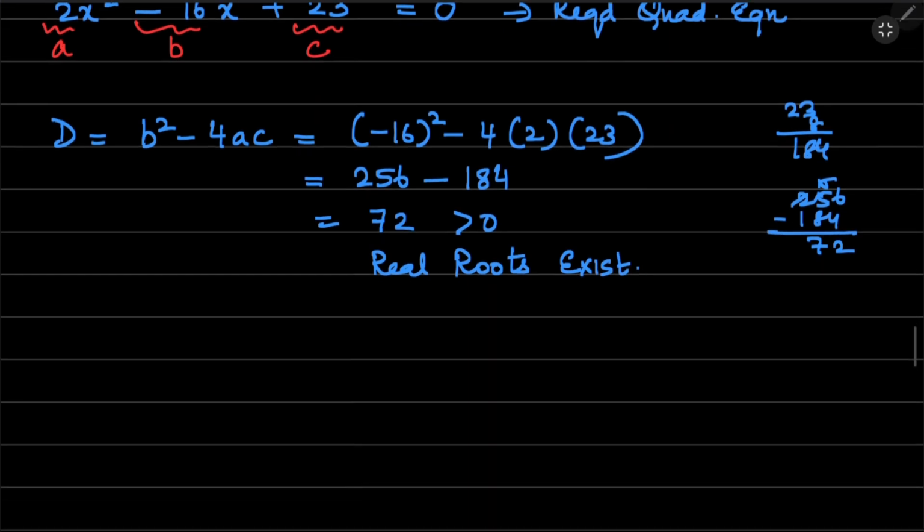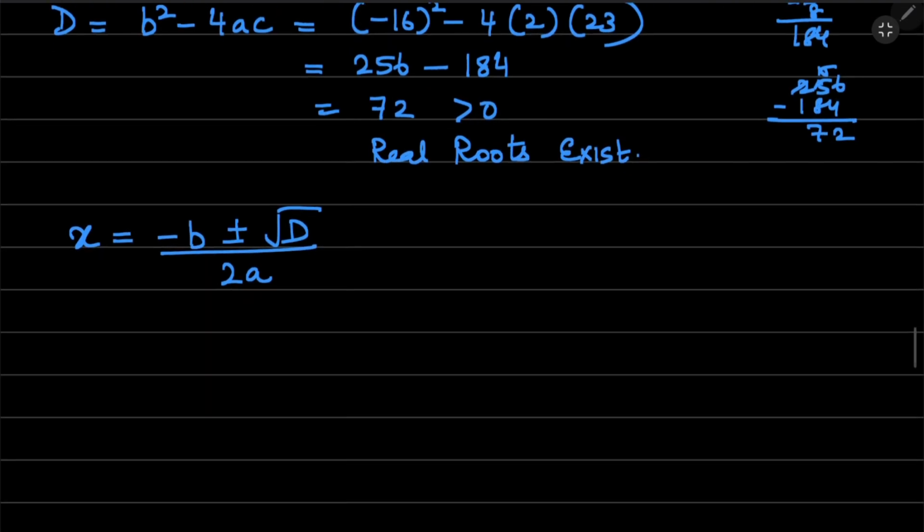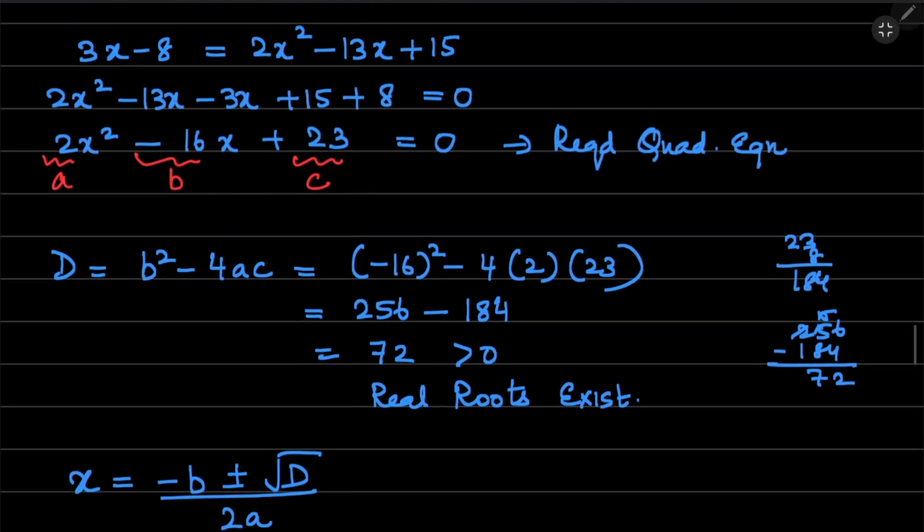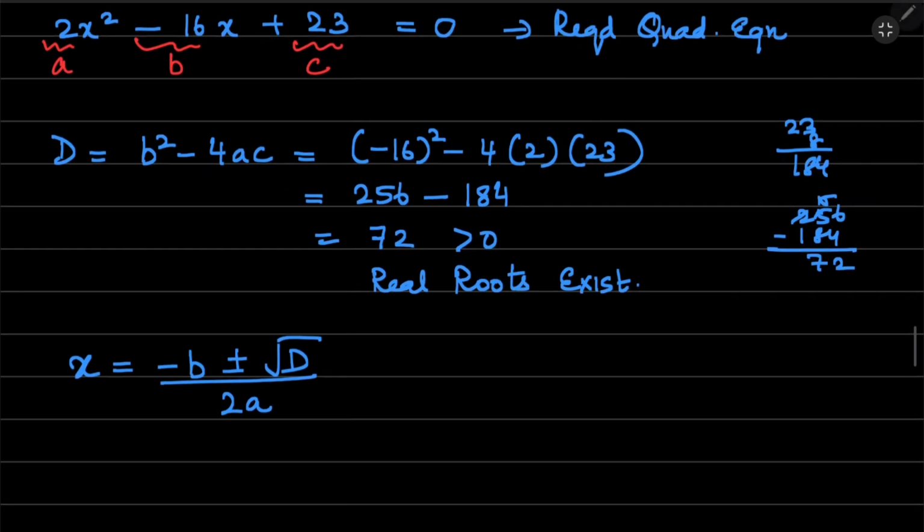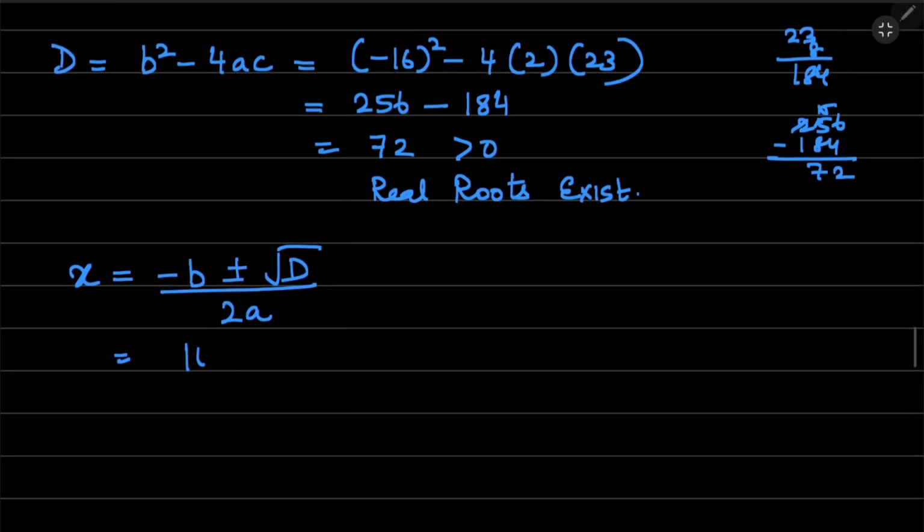If real roots exist, we can find out what are those roots. So x equal to minus b plus or minus root d by 2a. Okay, just substitute the values. What is minus b? So here minus of minus 16 is plus 16 plus or minus root 72 by 2a.